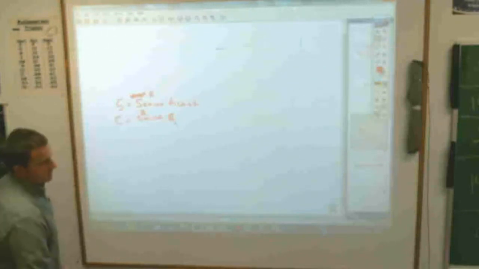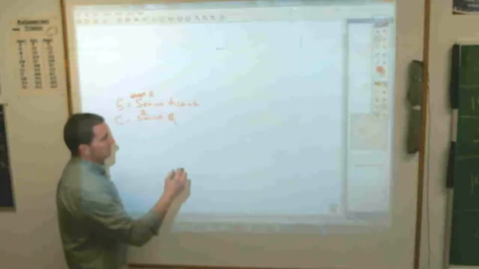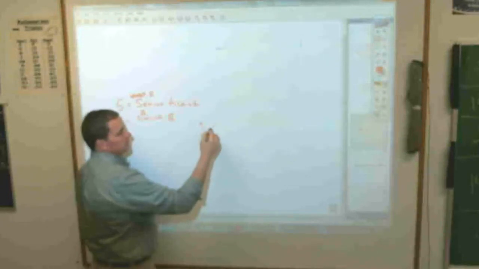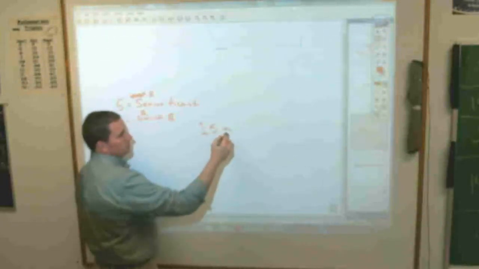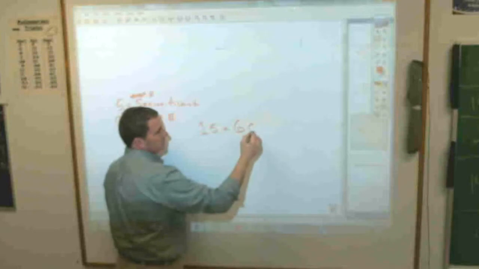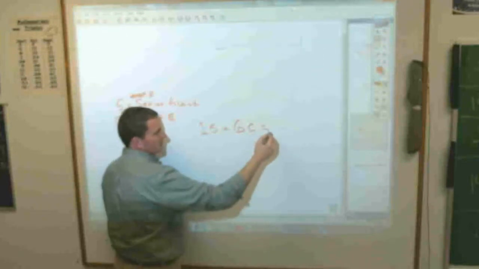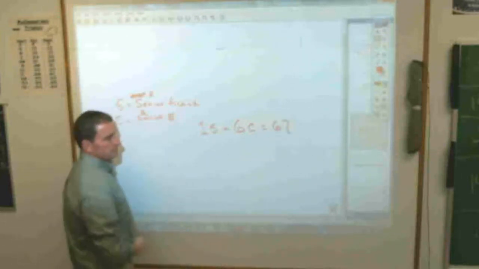Now I need to try to write 2 equations with what I'm given. The first equation says 1 senior citizen ticket and 6 children's tickets cost how much? So how do I make that equation? 1 senior citizen ticket plus how many children tickets? 6 children tickets cost me how much? $67.